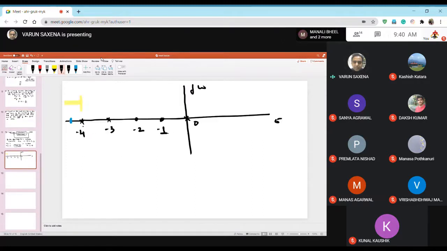So 1, 2, 3, 4, 5. The sum of open loop poles and zeros right of this point is 5. That means this point lies on the root locus, and anything to the left of -4 will lie on the root locus. So we just say that this point lies on the root locus.